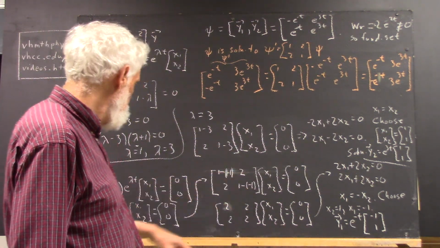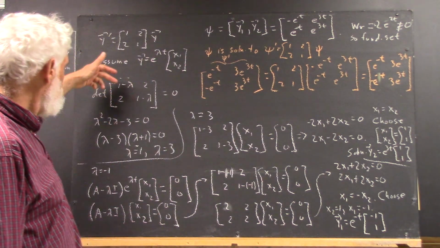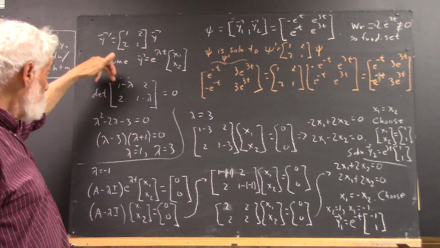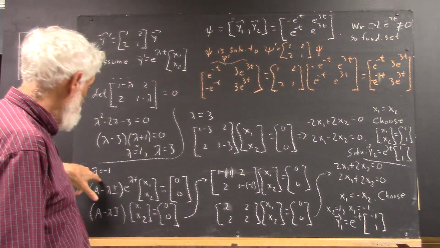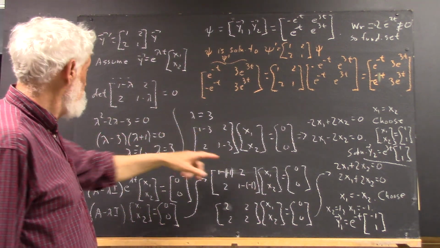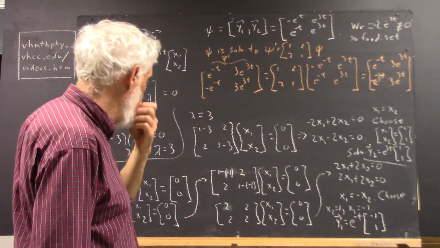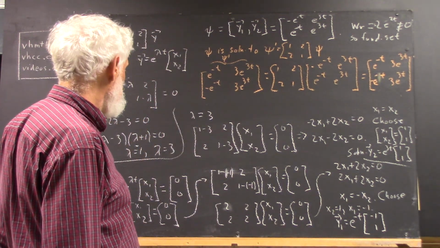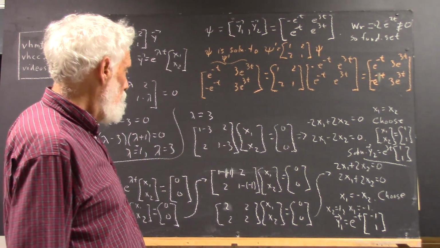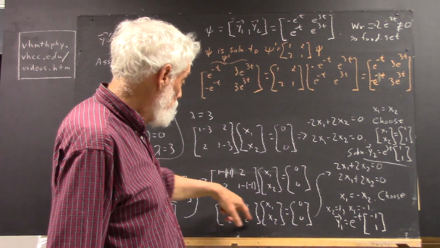Because right here is the matrix, right? 1 minus lambda. If lambda is -1, it becomes 1 minus -1. And then we have the 2, and the 1 minus lambda, which is again 1 minus -1. Well, 1 minus -1 is 2, so the matrix becomes this.